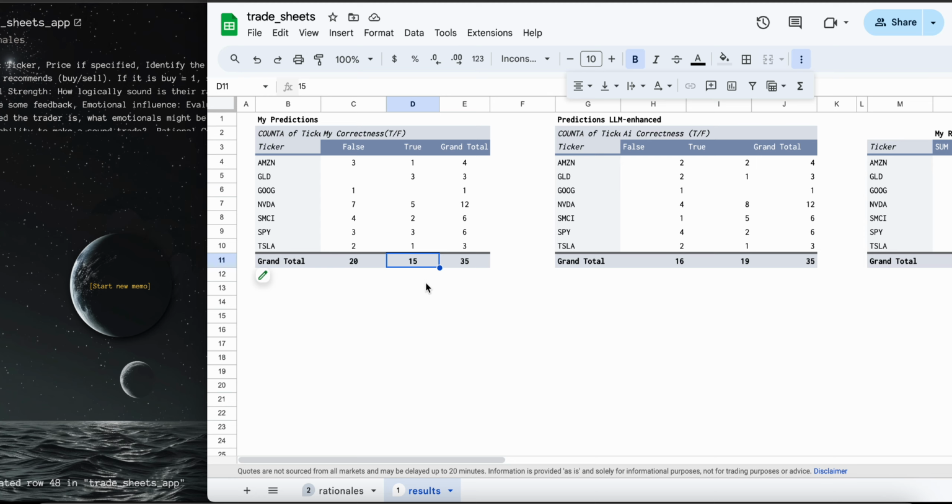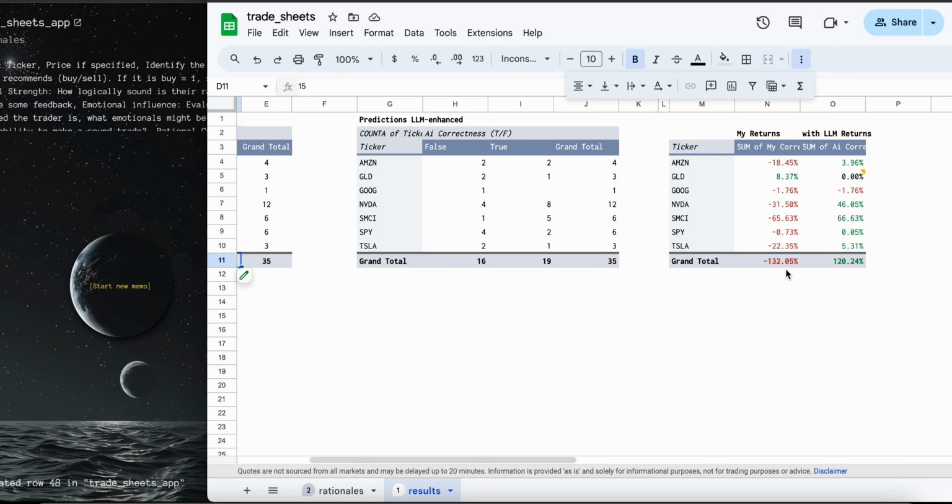And with the help of the LLM, so if we listen to the LLM when it bets with or against me, this increases to 19 out of 35. Though I've been correct most of the time, it looks like my total returns is quite negative, -132%. But with the LLM, there is a huge reversal here of 120% gain.